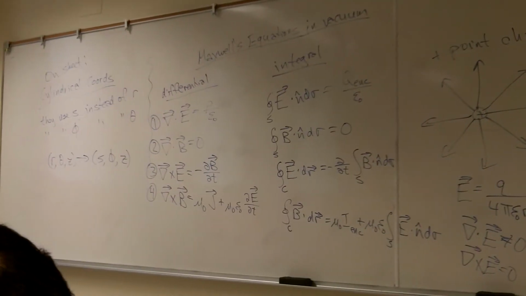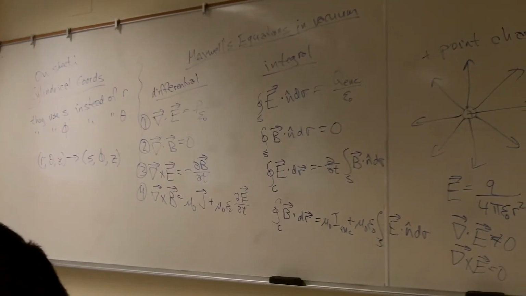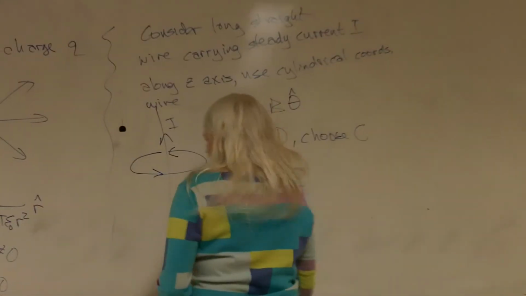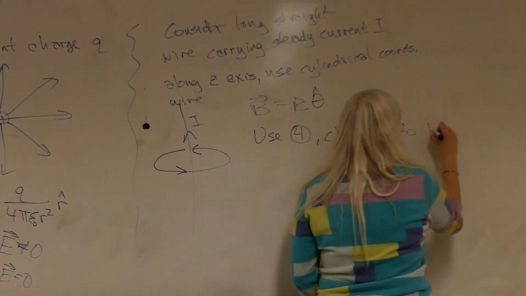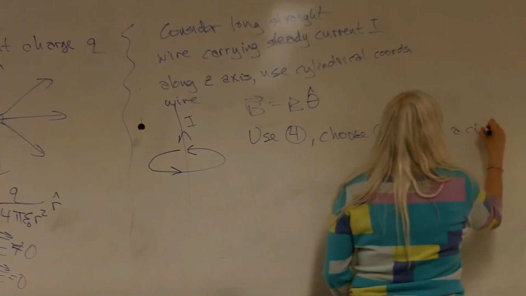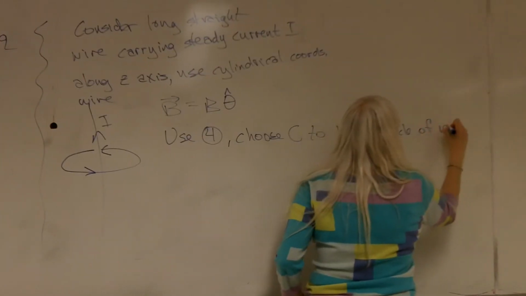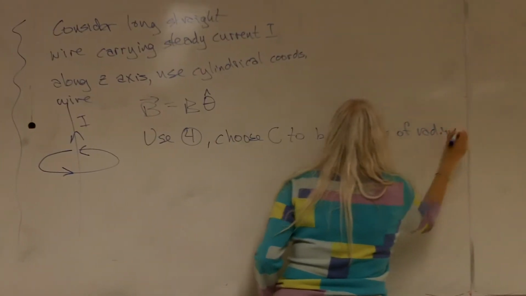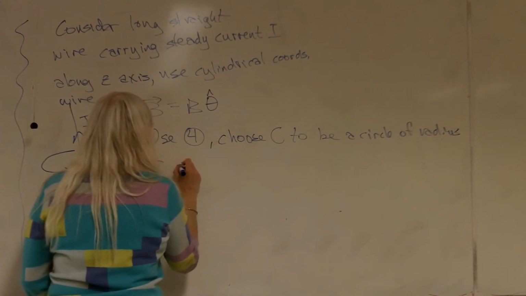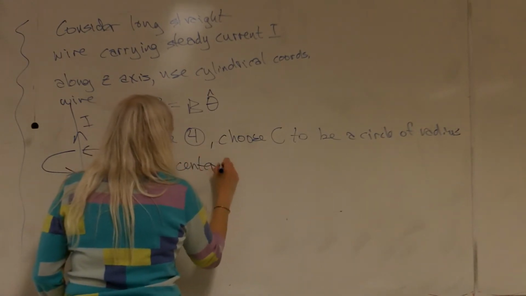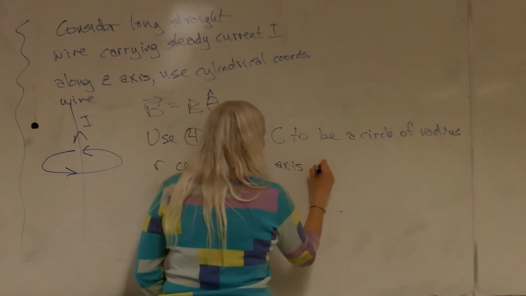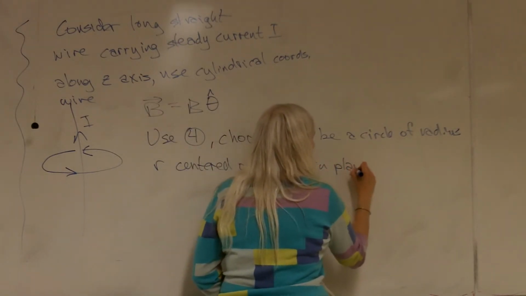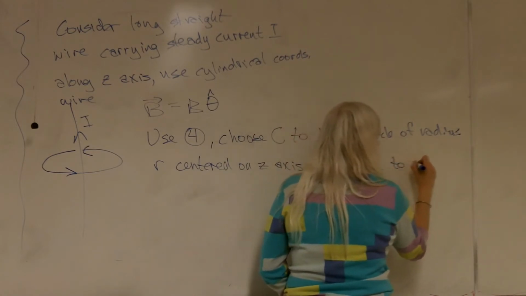And let's choose our Amperian loop, which is this path we call C, the integral here on the left side. Let's choose that path to be a circle of radius r centered on the z-axis, and in a plane perpendicular to the z-axis.